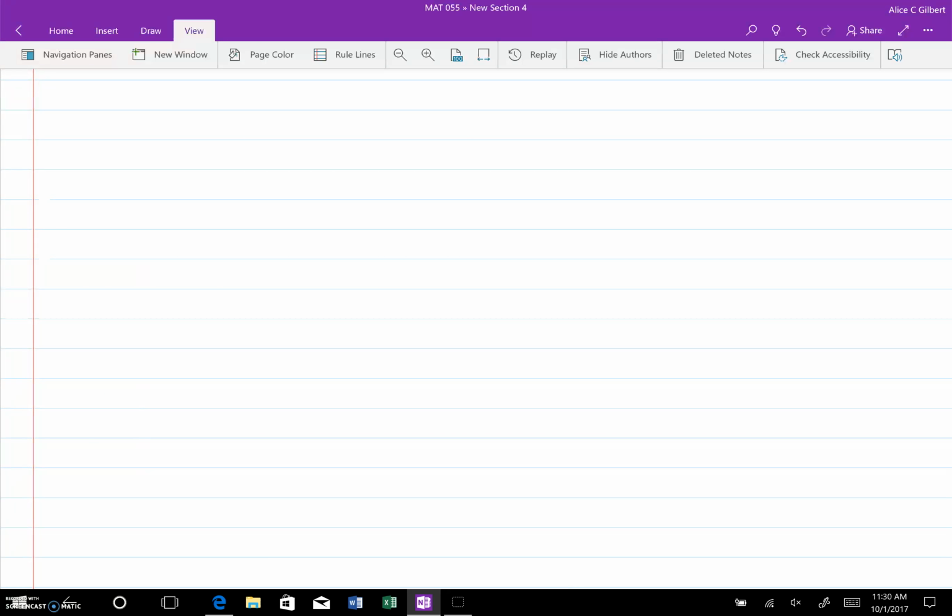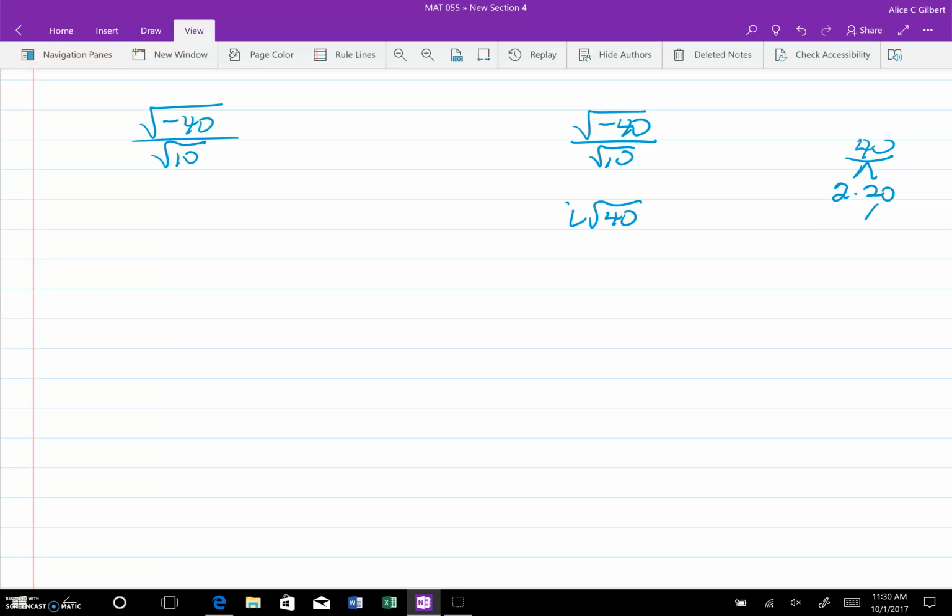Okay, let's do another one. Square root of -40 over the square root of 10. So again, I could do this two ways, whichever one you like better. So this would be i times the square root of 40. Then I need to find, that's 2 times 20, 2 times 10, 2 times 5.